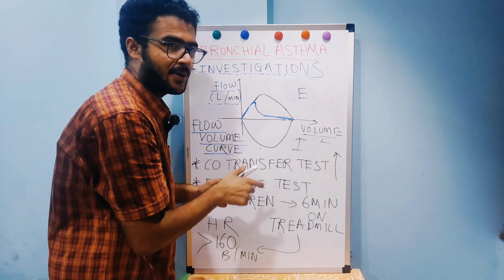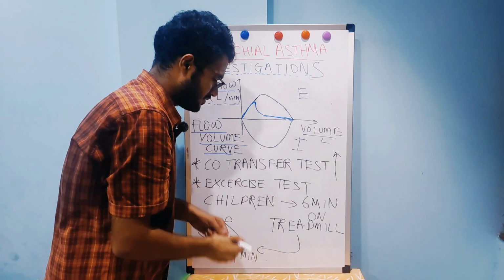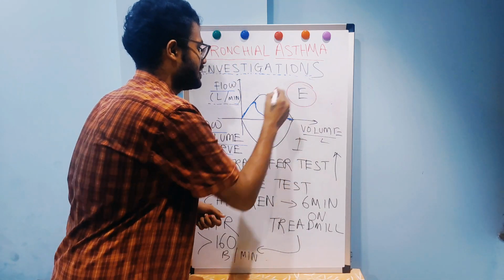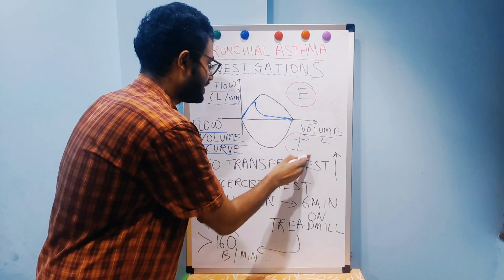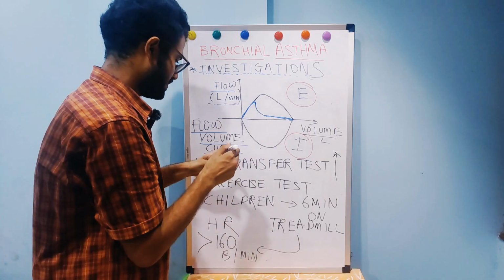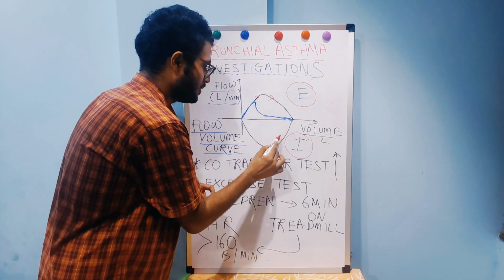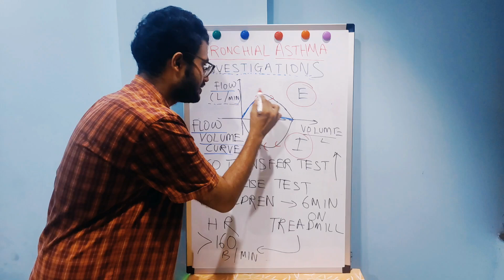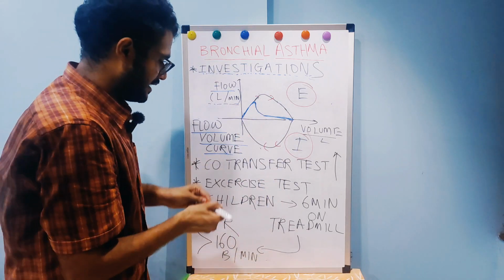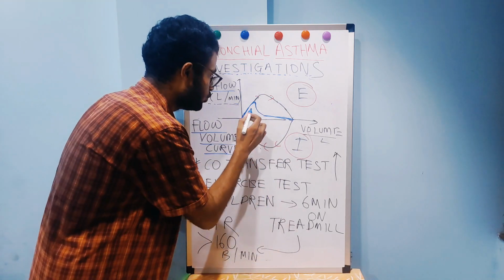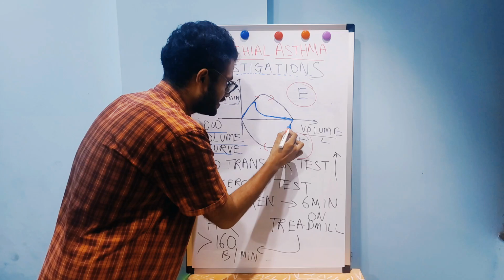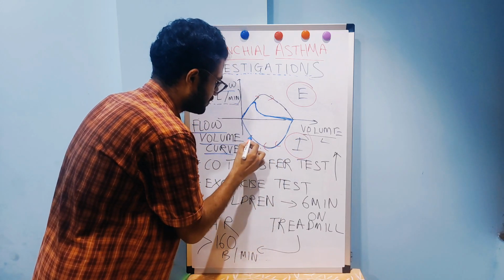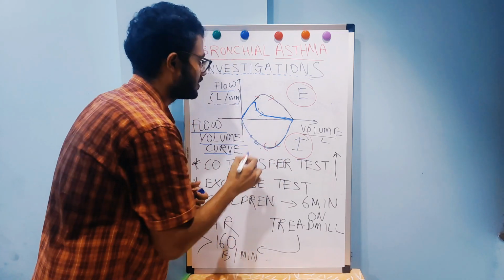The upper part indicates expiration, and the lower part indicates inspiration. This is the normal graph which I have drawn in black, and now this is the blue graph which I am drawing. It is the graph of bronchial asthma.